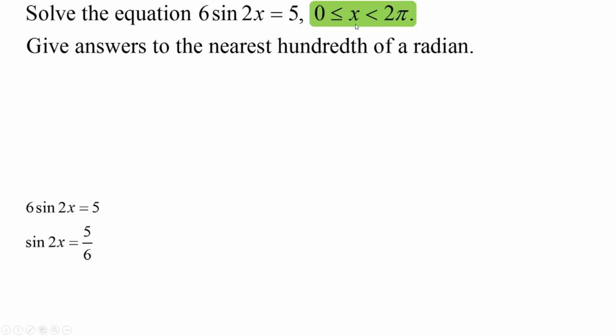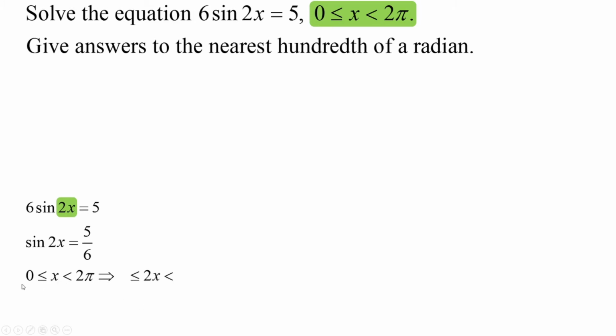Okay, and take a look at this. They gave me x is in the half open interval from 0 to 2 pi, but this function is in terms of 2x, so I'm going to need to change this interval. If 0 is less than or equal to x and x has to be less than 2 pi, that would imply, since I have 2x, let's just multiply all 3 sides of this double inequality by 2.